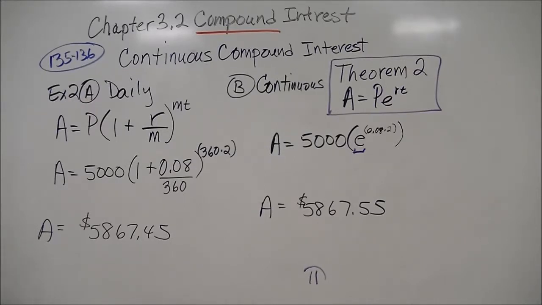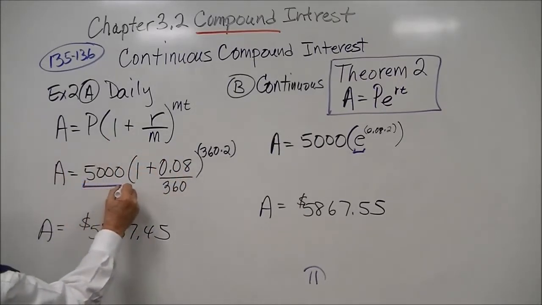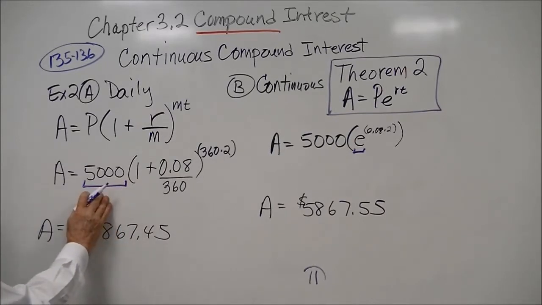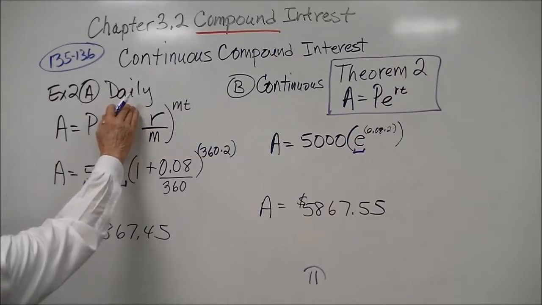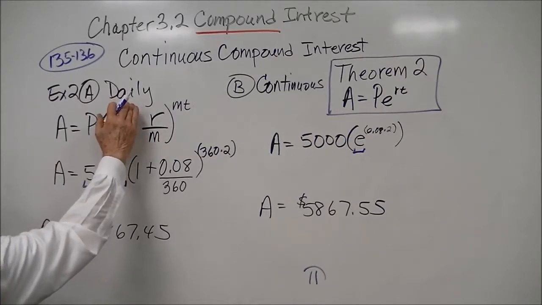If you'd like one even before you take a test, that's fine. We have copies here in Math Zone. So as we look at this example, we have a principal of $5,000. We're going to do compound interest on a daily basis.